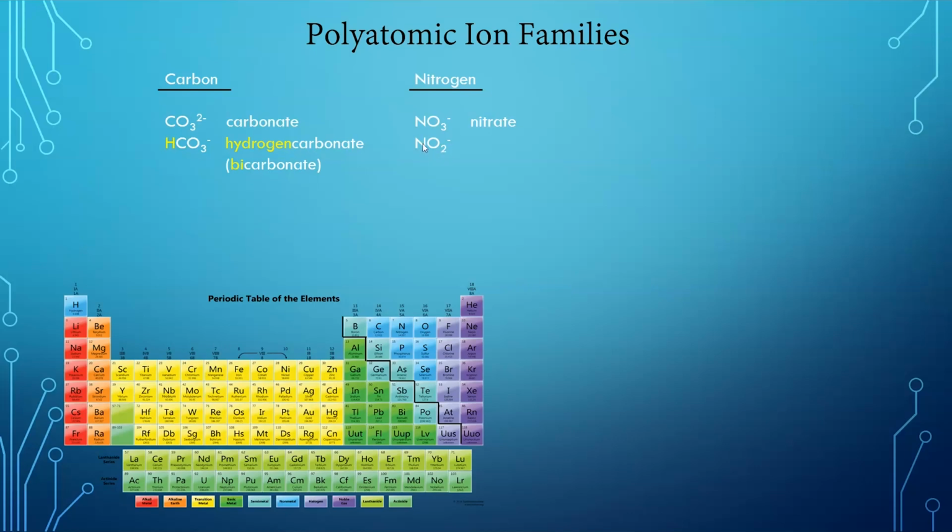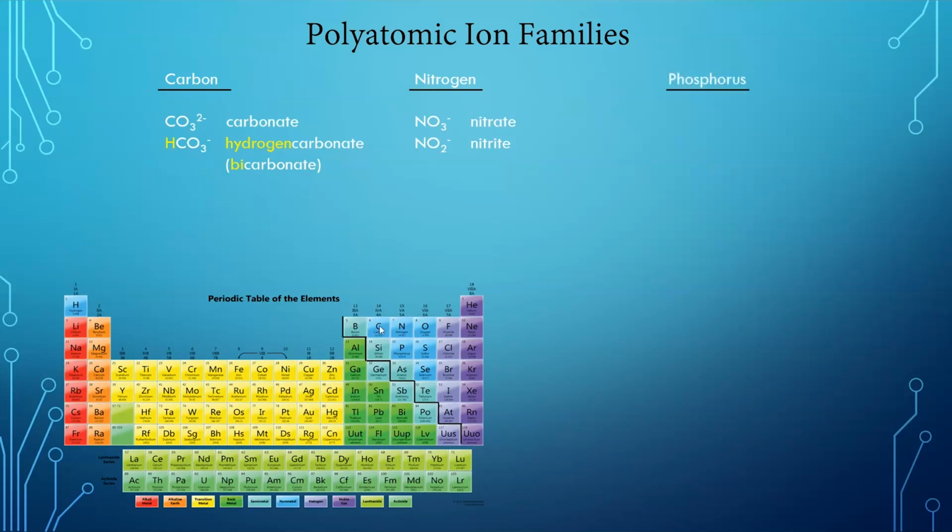In chapter 12, we'll be drawing 3-dimensional pictures of the various polyatomic ions. Now, we can't also call this a nitrate ion. We have to somehow distinguish the two. So whenever you remove an oxygen, we simply change the ending from ate to ite. And that makes up the nitrogen family, also a pretty small family.